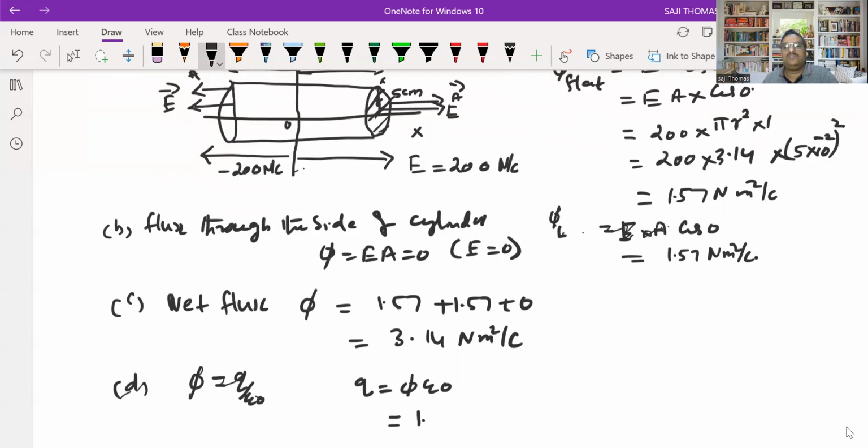Just put in the value 3.14 into epsilon 0. All of you know the epsilon 0 value, 8.854 into 10 raised to minus 12. On calculation, you will get Q as 2.78 into 10 raised to minus 11.